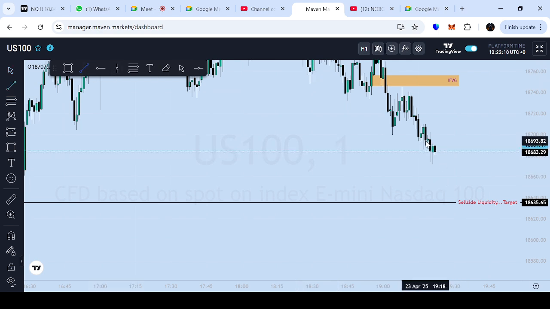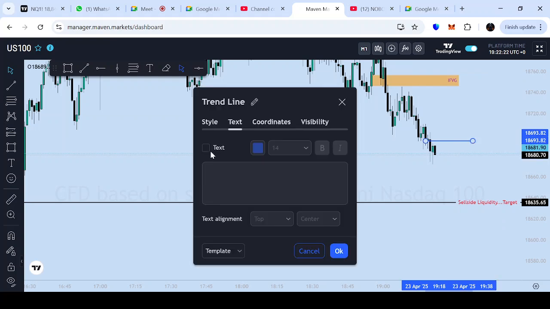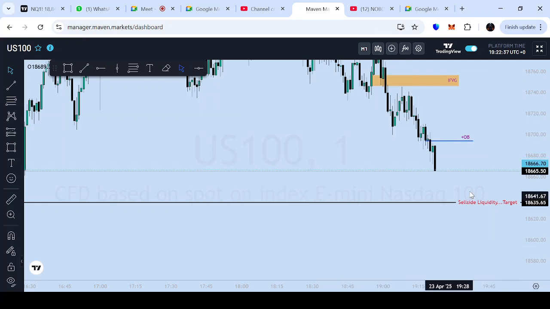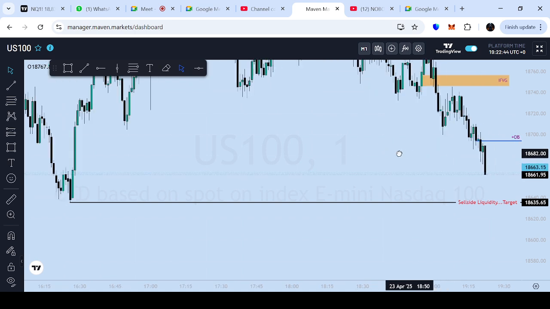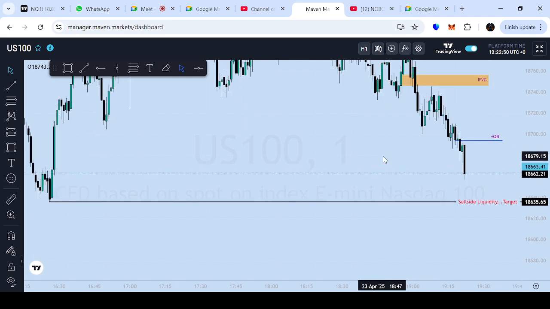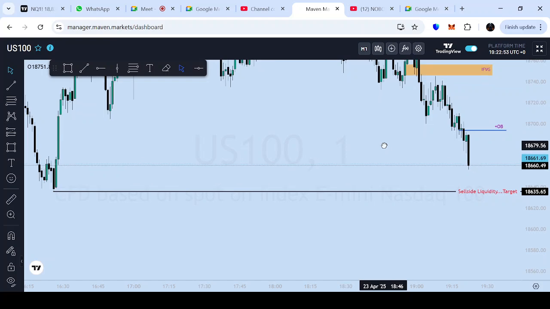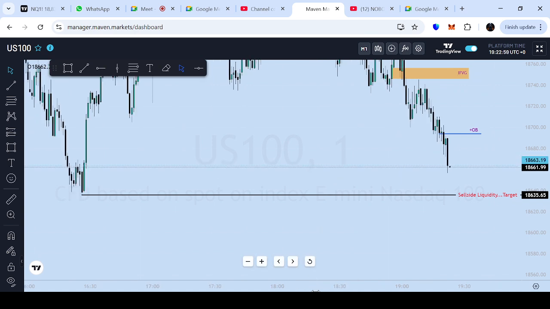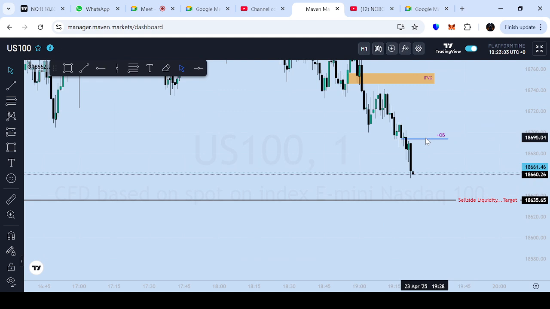Last close candle, that's order block. Last close candle, that's last bullish close candle, order block. We have another block here too.